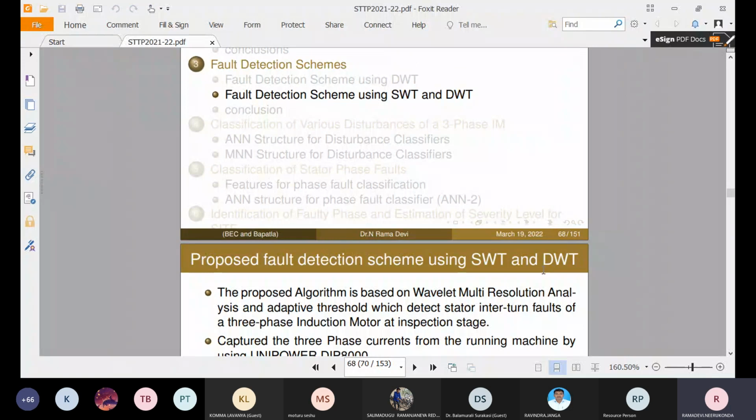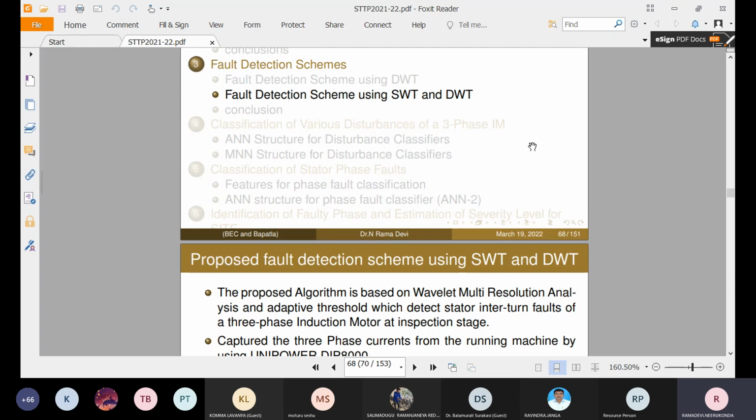The DWT information we always get at levels 1, 2, 3, 4, and the samples are downsampled. But in the SWT technique, the samples are never downsampled. With the zero padding technique, whatever number of samples exist in the signal, we get the same number in the detail coefficients as well as in the approximate coefficients.